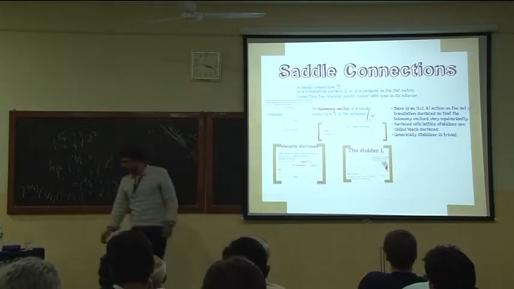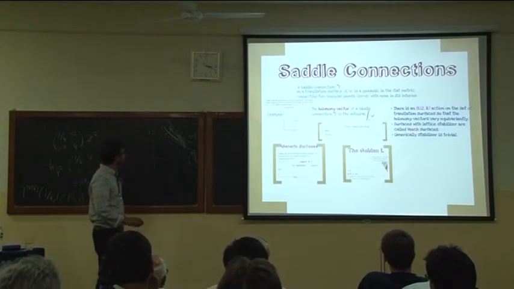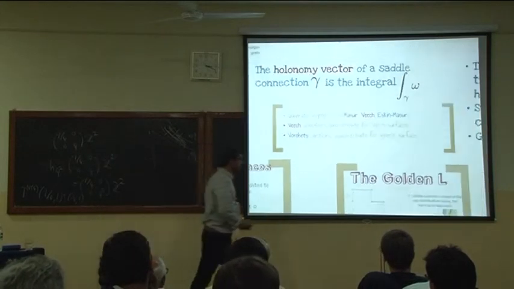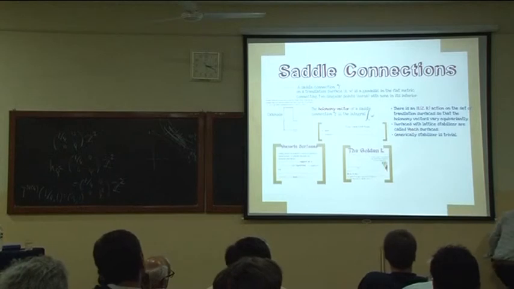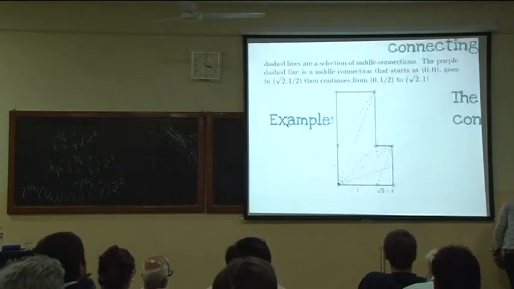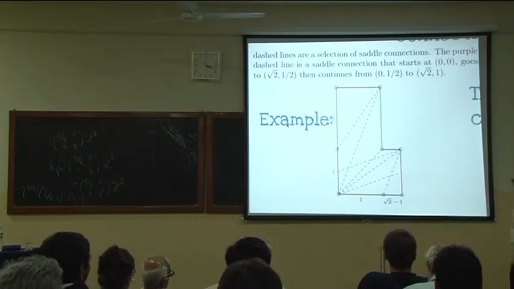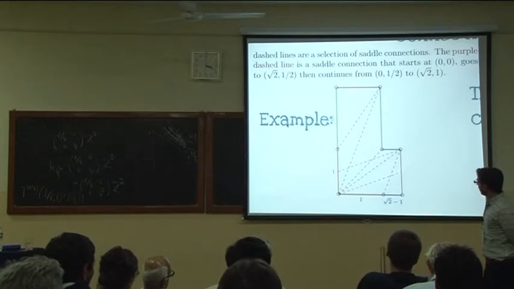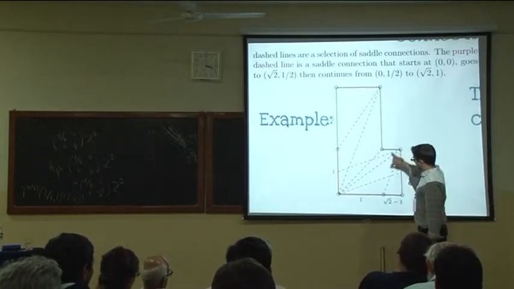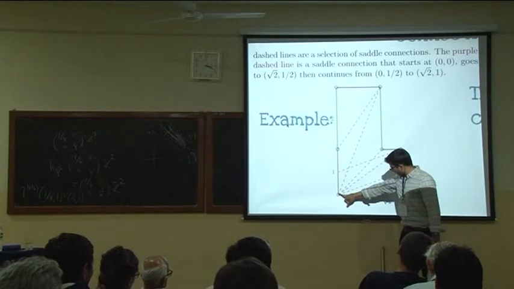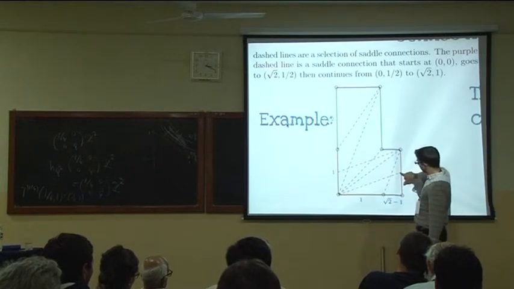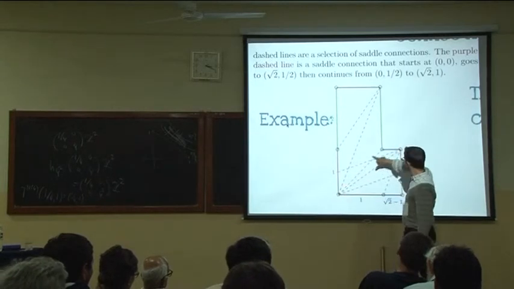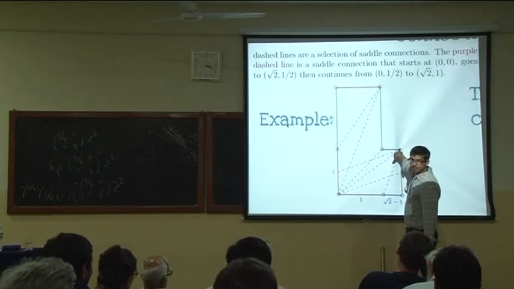So for example, these are some saddle connections, these dashed lines. So here's the saddle connection. Pay particular attention to the purple guy. It goes here, comes back here, and finishes up here.